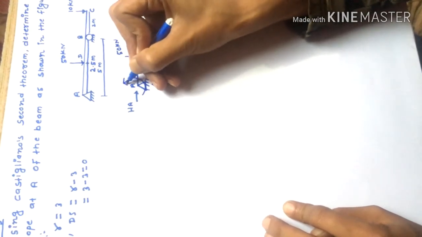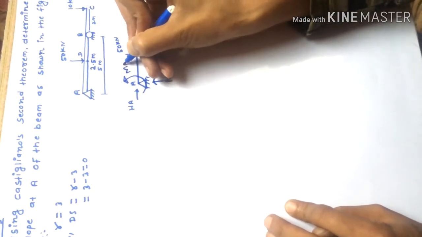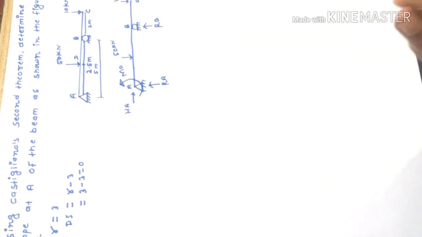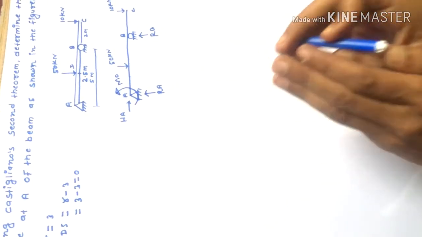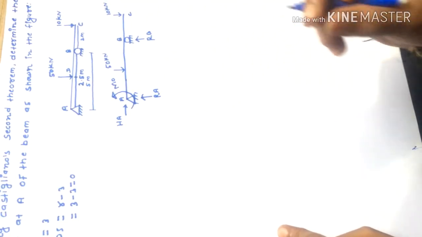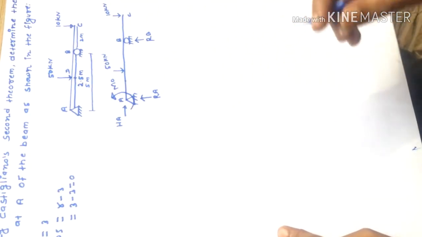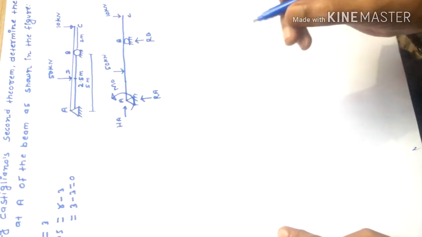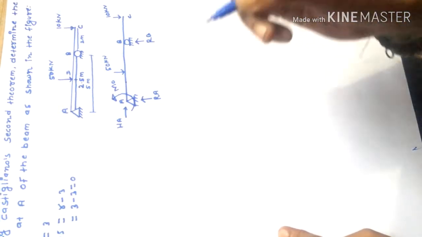That is, if m0 is the dummy moment, let us apply it at point A. To calculate slope we use a dummy moment, and to calculate deflection we use a dummy force at that point. Let us keep it in mind.